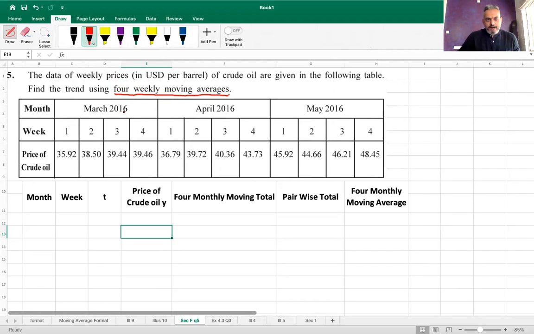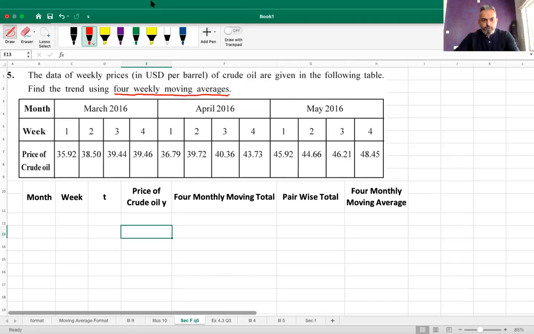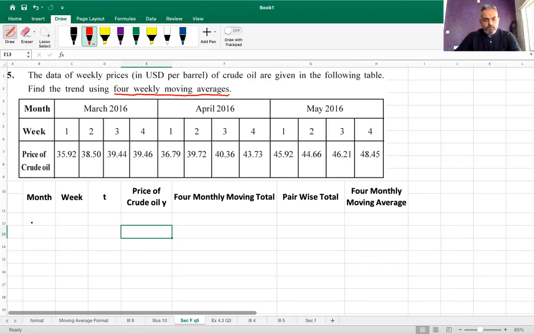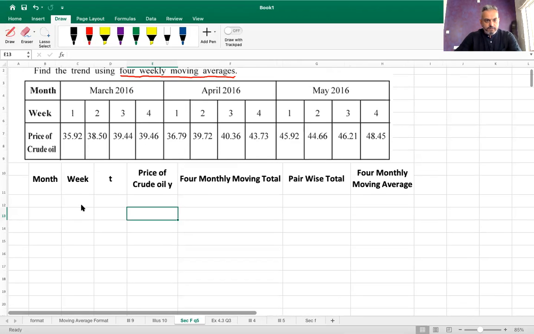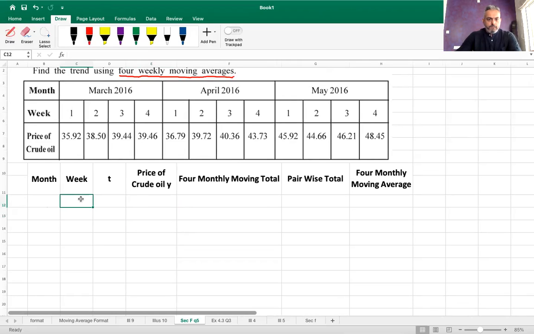Month is given: March, April, May. Weeks are given: March 4 weeks, April 4 weeks, May 4 weeks. And the price of crude is given. So let's write the question. Week 1. You will have to leave space and write, okay? 2, 3, one line blank, 4.